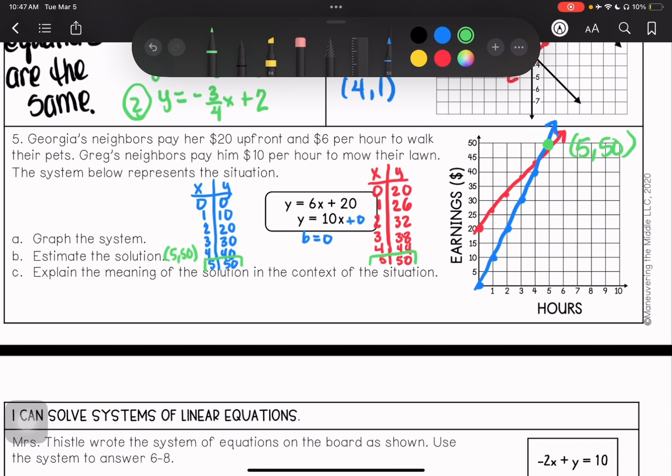Okay. Then they say explain the meaning of the solution. So x stands for hours, y stands for earnings. So we look at the ordered pair x, y.